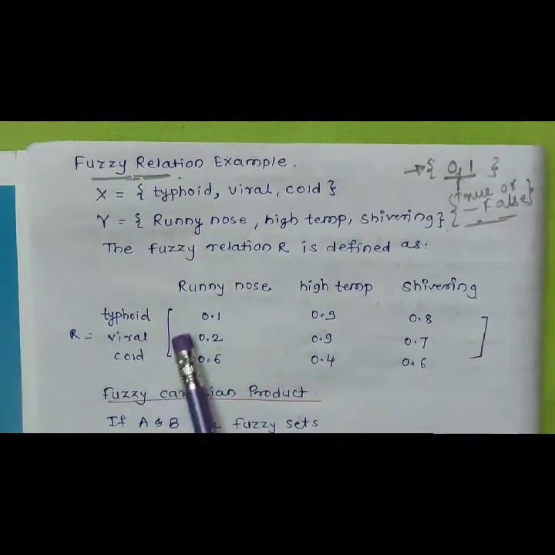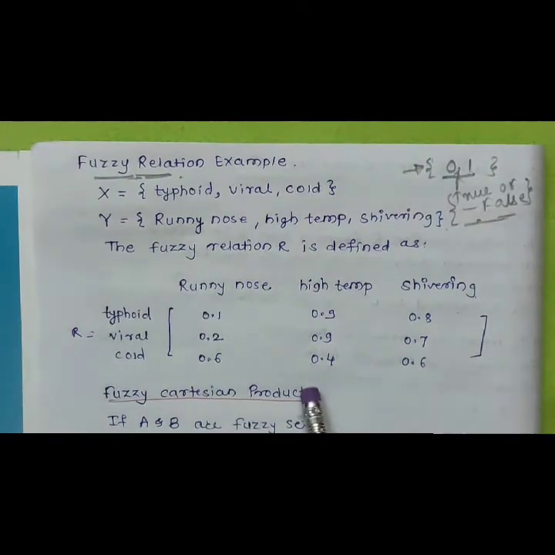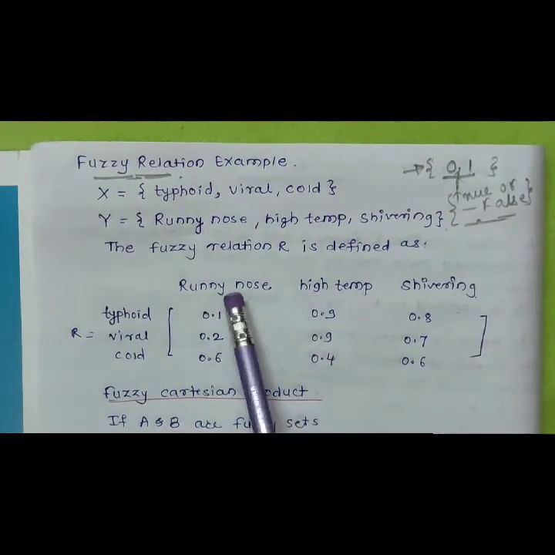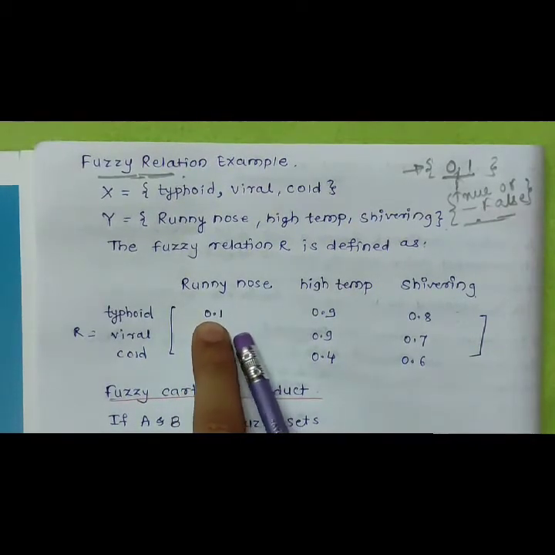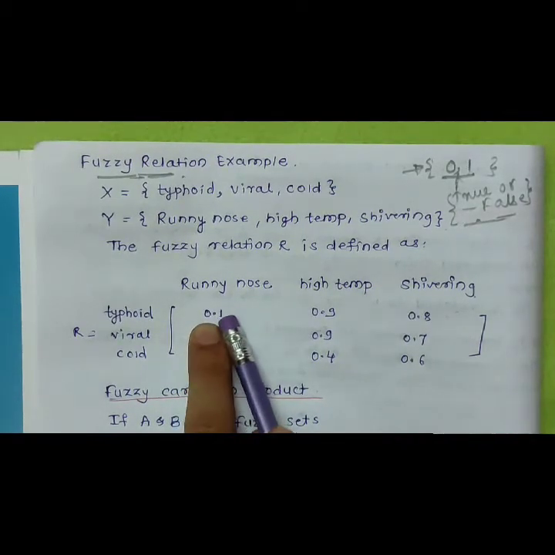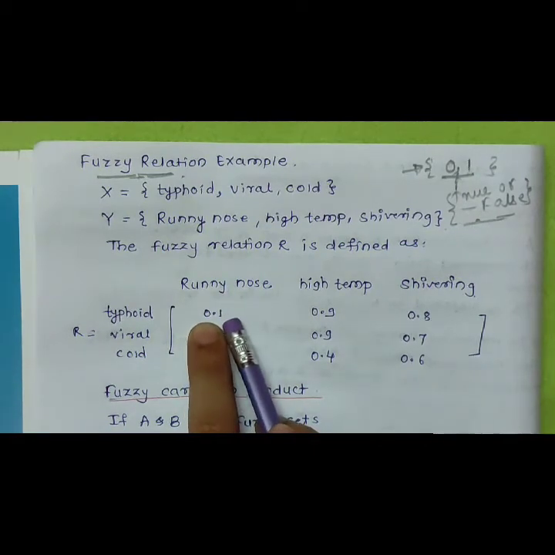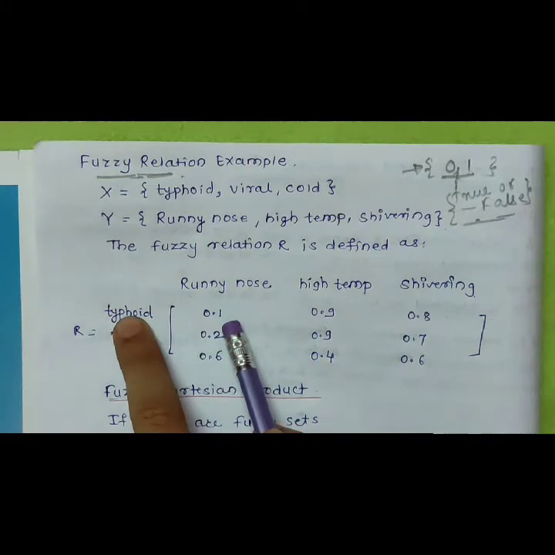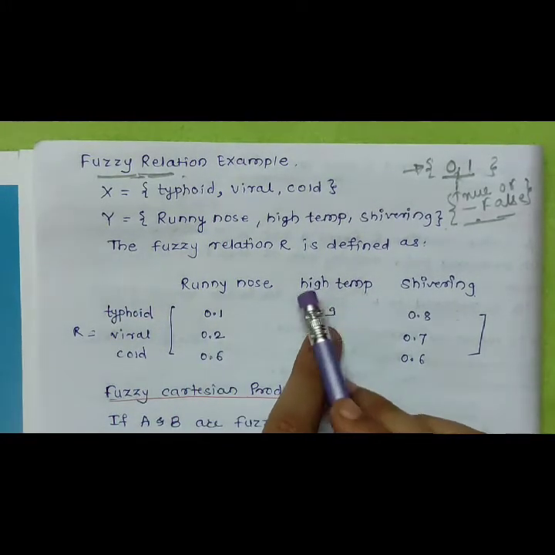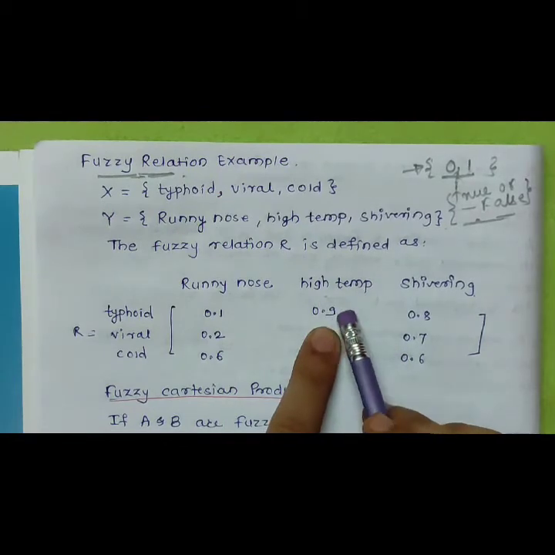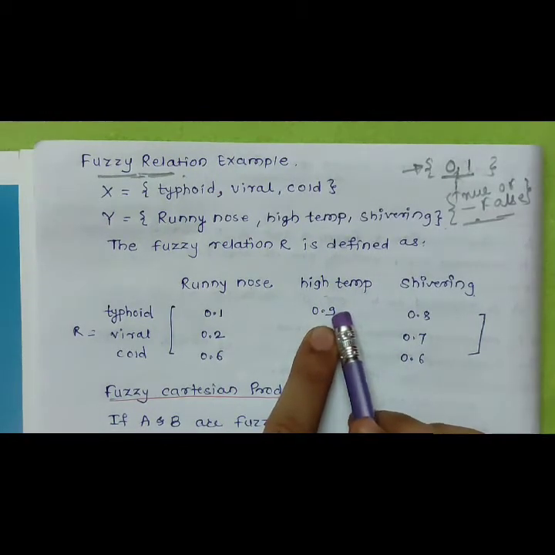So what does it indicate? Suppose a person is having runny nose, then its membership value is only 0.1. It means there is very less probability that a person having runny nose is having typhoid. Secondly, if a person is having high temperature, then here the membership value is 0.9.